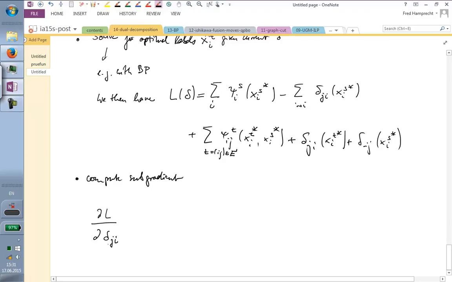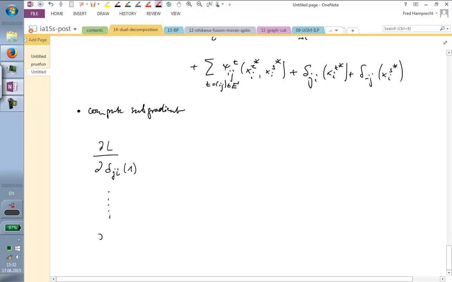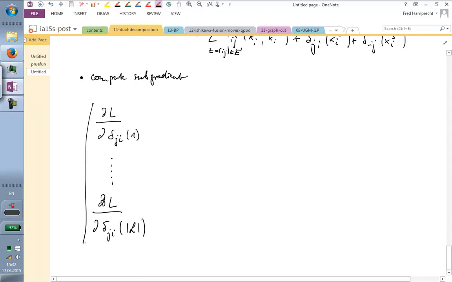It has one entry for each state that my random variables can take. So I could also write it explicitly as delta_ji of state 1, and the derivative of delta_ji with respect to state, I don't know what the last state is, L. Okay, so this is a vector.